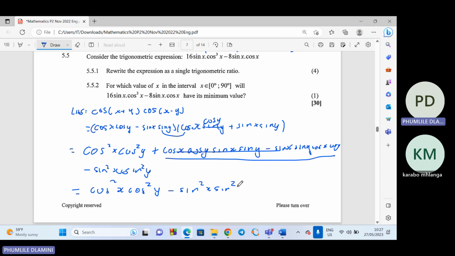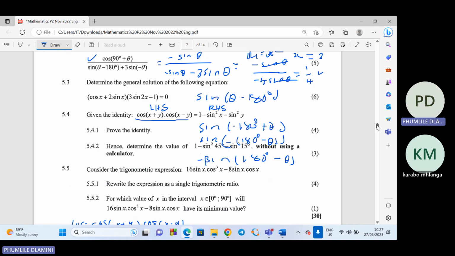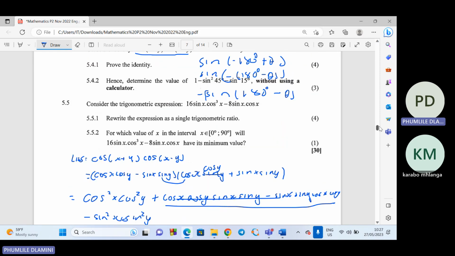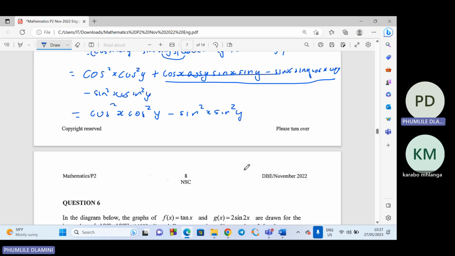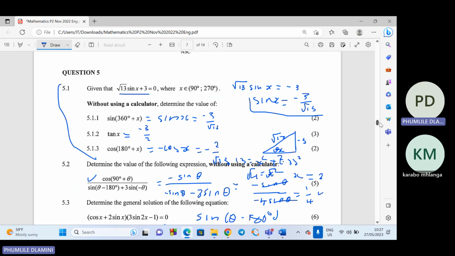But we also have to check which answer did this. Here we have that this identity is equal to 1 minus sin squared x minus sin squared y. All right.